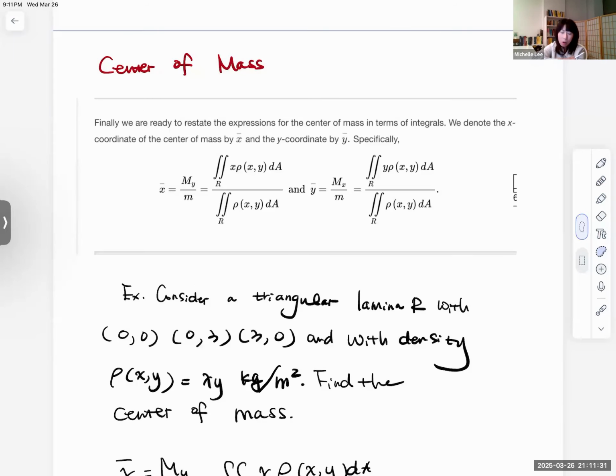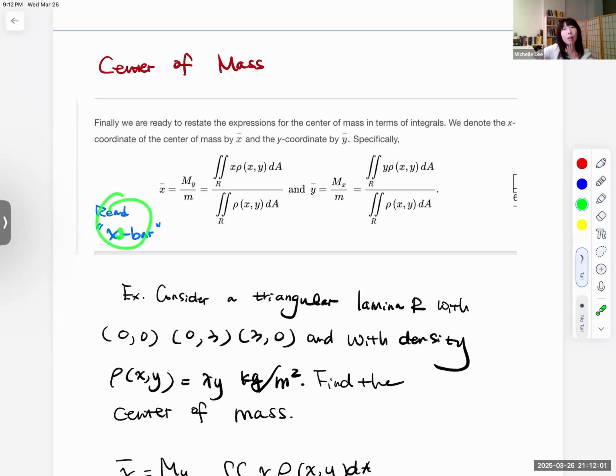Okay, now we have a center of mass. All right, so for center of mass, we indicate x bar. Let me write it down: x bar. Because from Calculus 2, we had this section, center of mass.